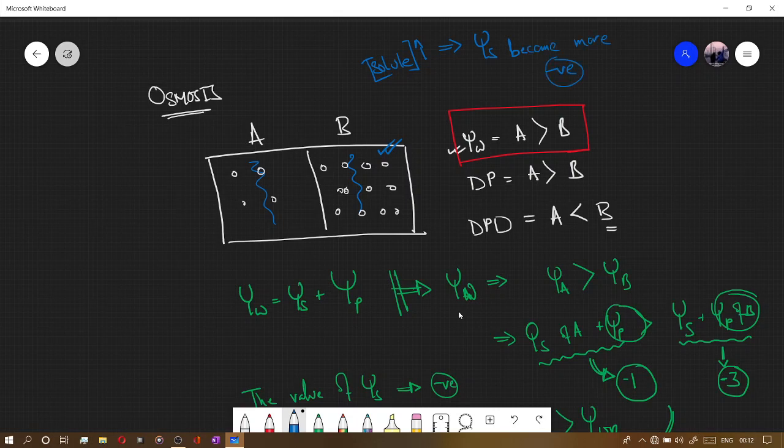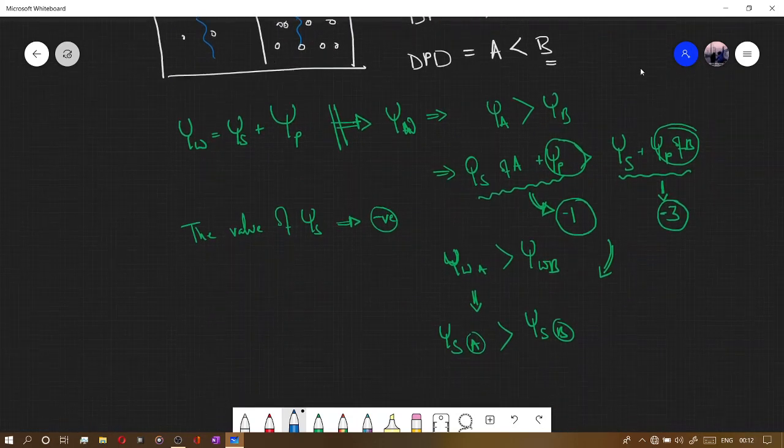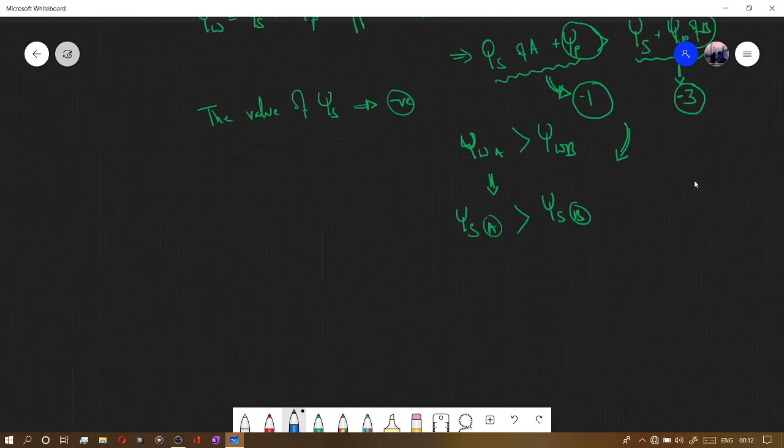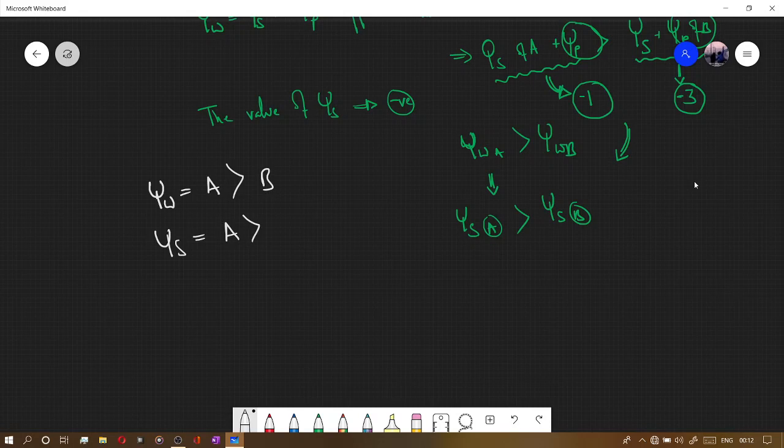So I think it is clear that when psi W of A is greater than B, we can as well write that solute potential of A is greater than B. Why? Because -1 is greater than -3. This is a concept.